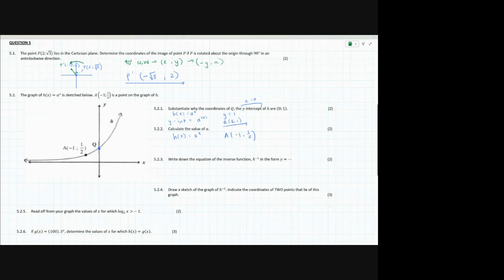Any answers? What is our value for a? No one.